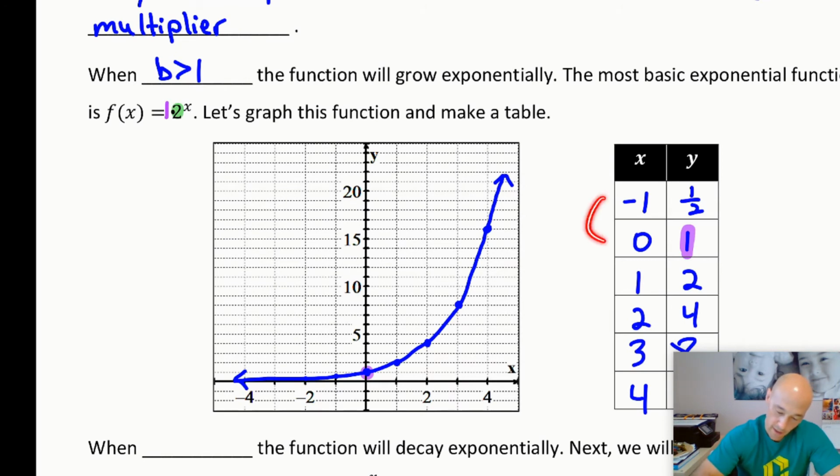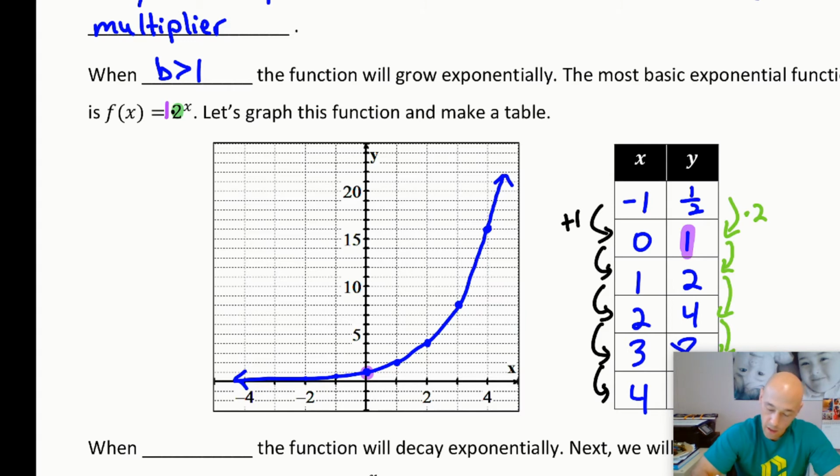Our x value is increasing by 1, and that has to stay consistent in order for this pattern to follow. Our y value multiplies by 2, and that just continues. That's why the b value is called the multiplier.